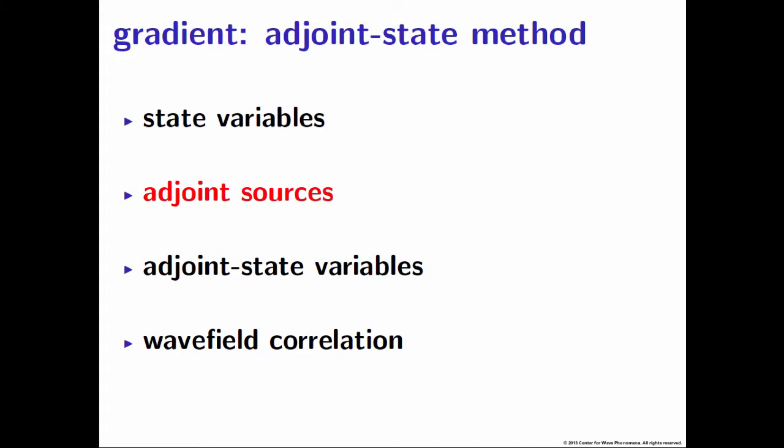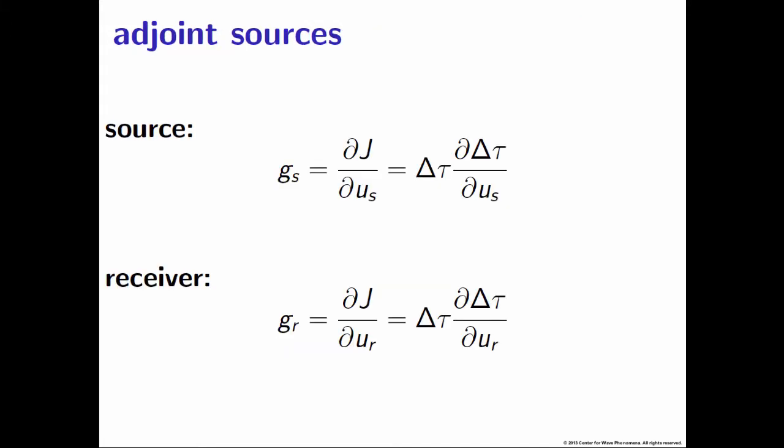According to the definition, the adjoint source is simply the derivative of the objective function with respect to the state variables. Here the state variables are the source wavefield US and the receiver wavefield UR we used before to construct the gathers.